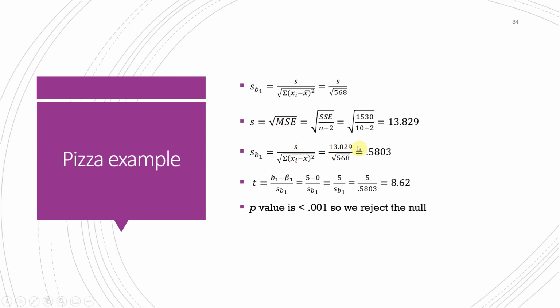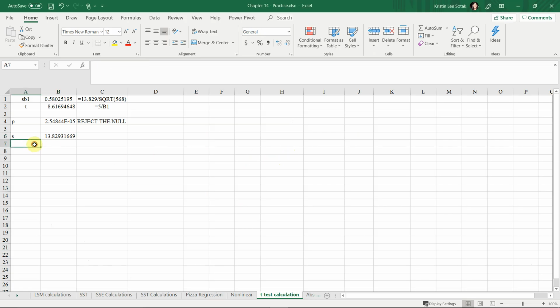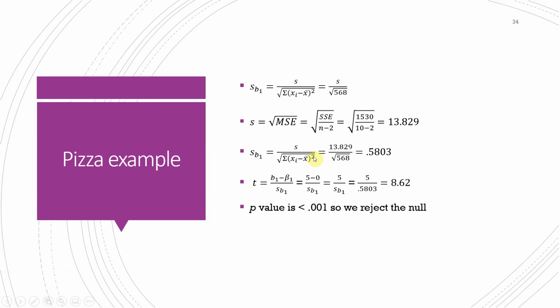So now we have all the values that we need to be able to calculate SB1. When we're looking at the big picture, we're trying to calculate our t statistic. This is just B1, 5, which we already estimated, minus the null, which is 0, divided by SB1.